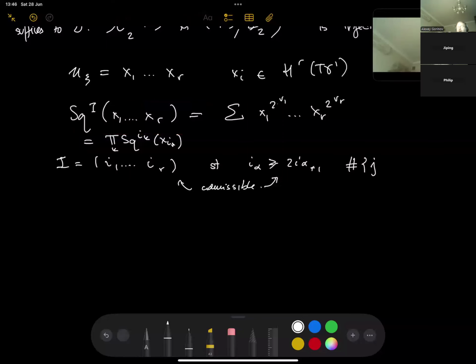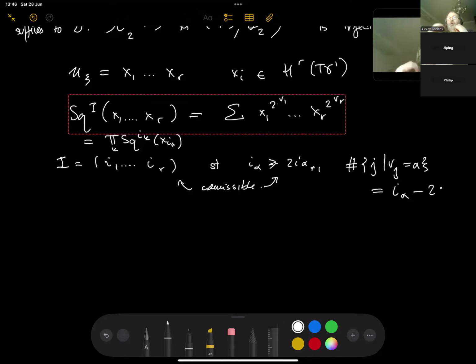In other words, the number of j with v_j equal to alpha is I alpha minus 2 I alpha plus 1. What is v_j? So the v_j's are the powers.